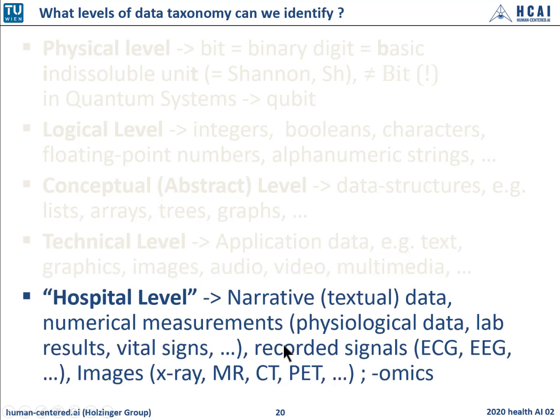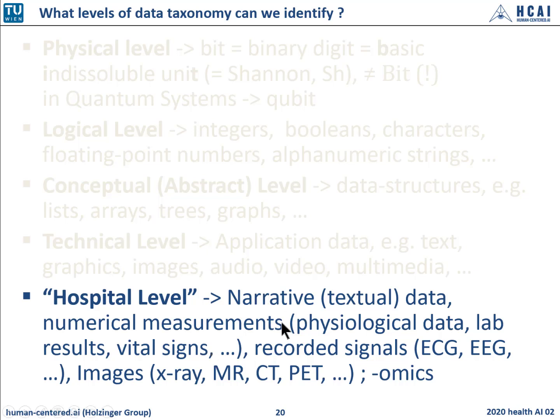And then we have the hospital level, and this is also a really important level of data. So at the hospital level, you have a lot of narrative data, textual, and we will come back to the importance of text later on. Then you have numerical measurements, for example, coming from physiological data, from lab results, vital signs. Think of the intensive care units we have seen last time. They generate constant numerical measurements, a lot of them.